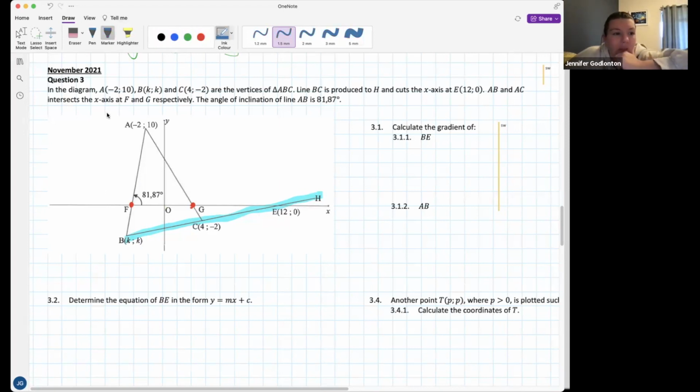Nice. The angle of inclination of line AB is 81,87 degrees. So that's telling us this angle of inclination over here.